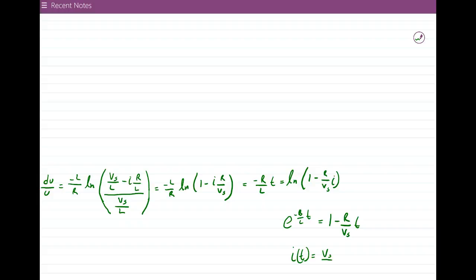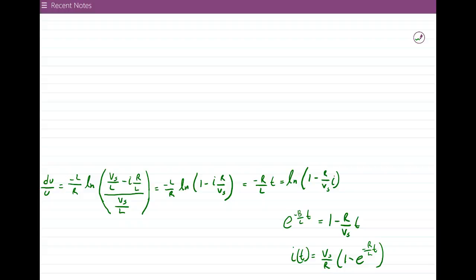Let's see, at time equals 0, we'll have no current. When you first close the switch, no current. What about at time equals something really big? At time equals infinity, e raised to the negative infinity is just 0. So it's just Vs over R, which is just Ohm's law, right?